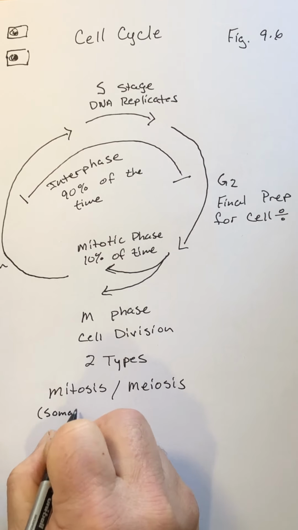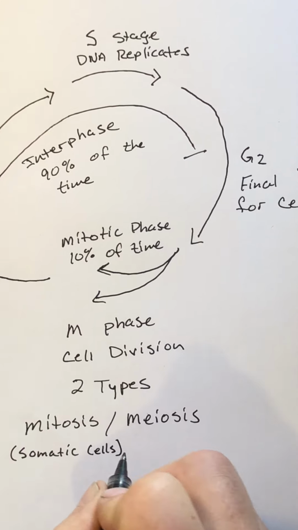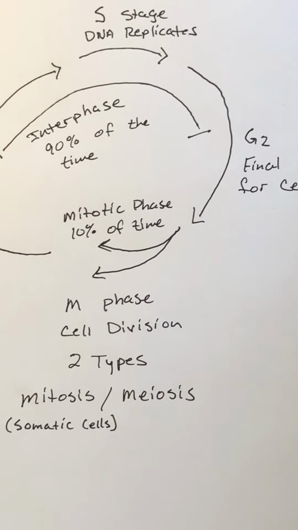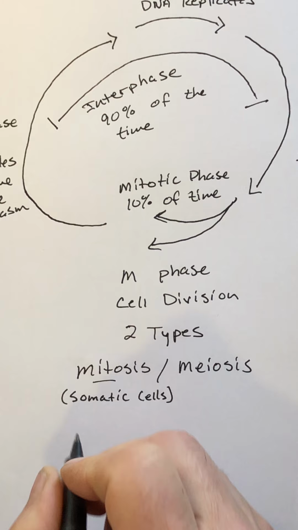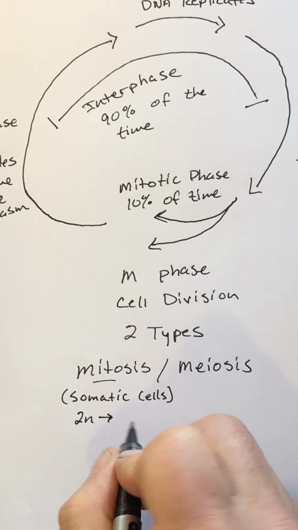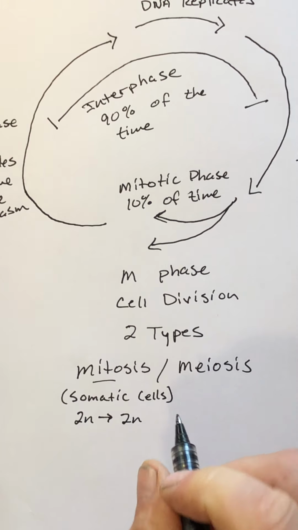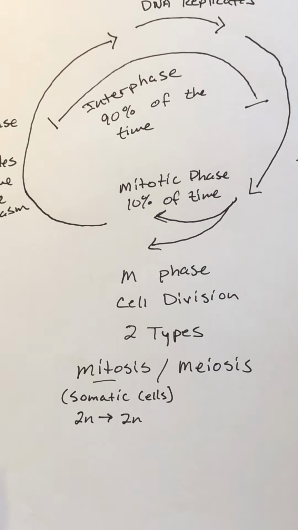These are your normal body cells. And so that's like your skin cells, your muscle cells, your nerve cells, your blood cells. Those are your somatic cells. They go through mitosis. And we say that the chromosome count is preserved. And so under this type of cell division, we would go from 2N to 2N, or diploid to diploid.